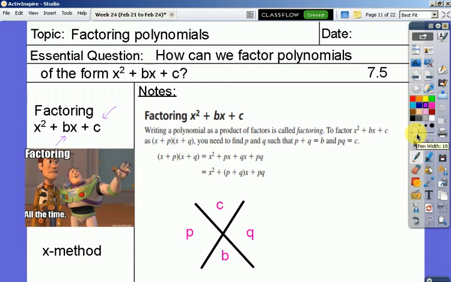And this is the question that you're going to be asking yourself, and I'm going to write it down and I encourage you to do the same. You're going to ask yourself, what multiplies to be C and adds to be B? So let me write that down.